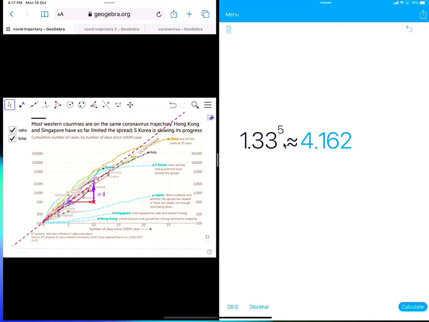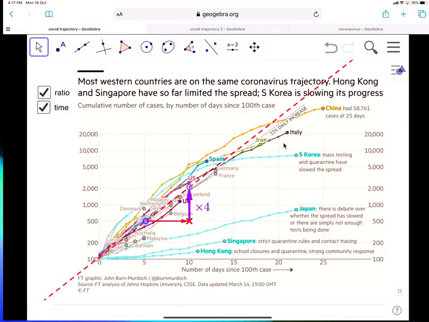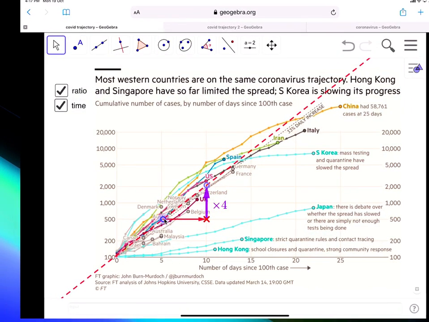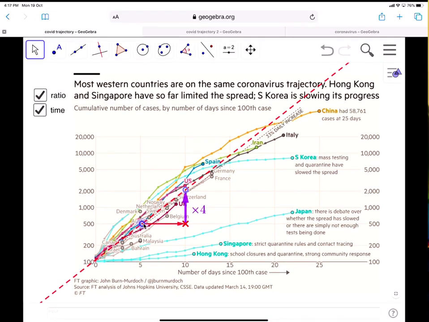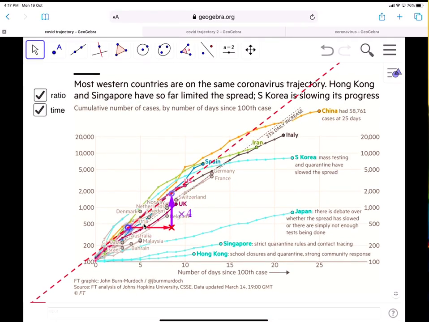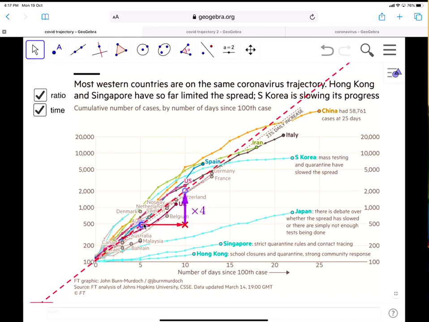That's why we notice that this is more or less like an increase to 4 times the original value in 5 days. And so that's the reason why the dotted line here helps us to distinguish which parts of the graph, the points or the numbers, are growing more or less in this direction. That means corresponding to 33% daily, or going to about four times the total number in just 5 days, which is quite a worrying situation actually.